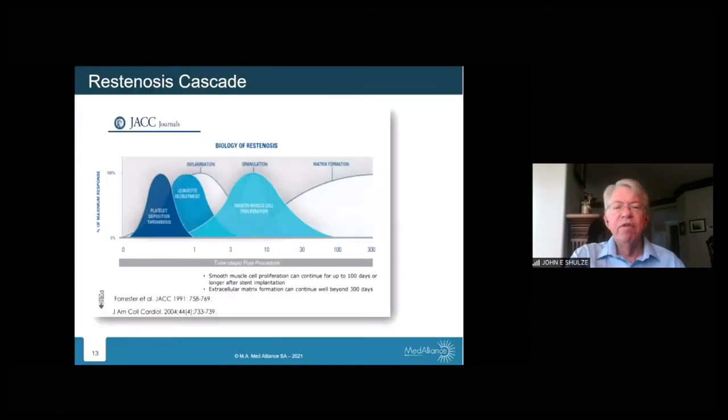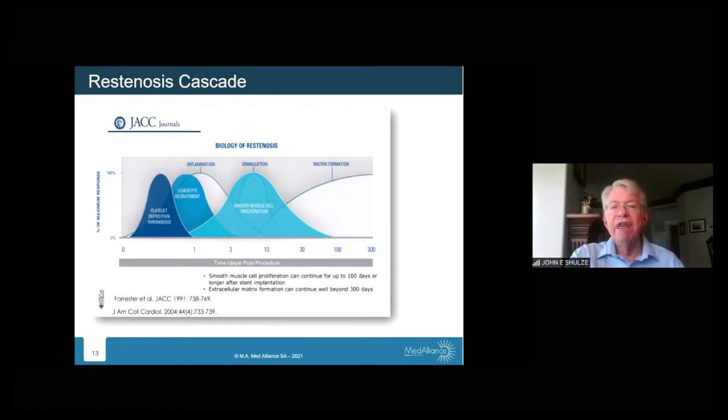Well, it all has to do with the restenotic cascade, which was actually published by Forster back in 1991. When you do angioplasty, first you get a platelet deposition in the injured area, followed by inflammatory cell recruitment over a 3-day to 1 week period of time.